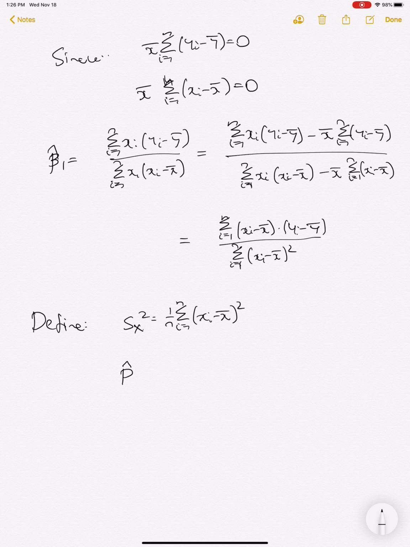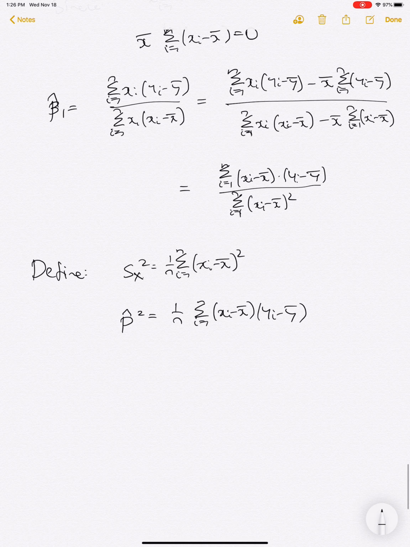And the other thing we have is rho hat squared, a sample correlation coefficient squared.